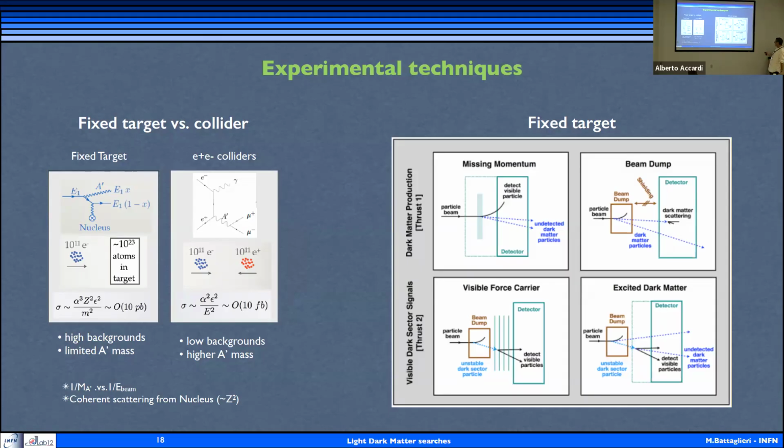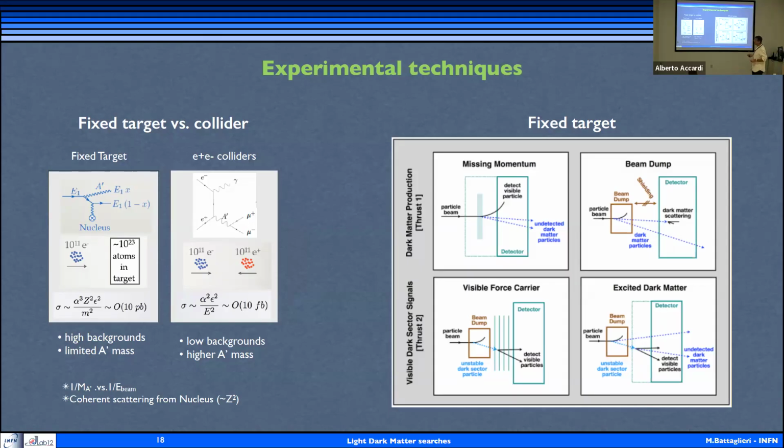searches. So what we need, based on what we mentioned before, is, again, a place where you have an A prime produced. You can do that mainly in two ways: either in a fixed target experiment, where you throw your beam through a material, and then again you produce gammas, and these gammas produce A primes, and then you spot in some way the effect of the A prime. Or you do a collider, for instance, Z plus Z minus, but nothing prevents having proton-proton or whatever colliders you may think about.